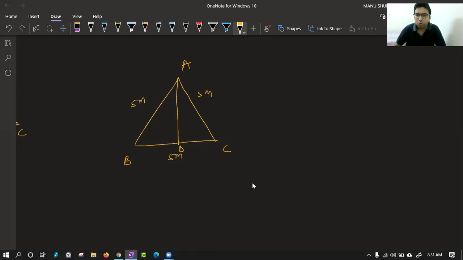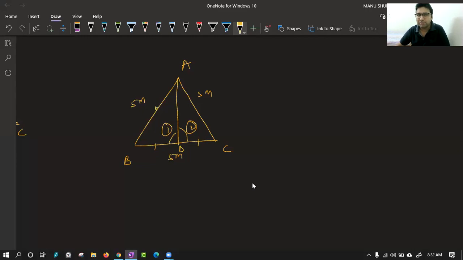Class, if it is an equilateral triangle, can you prove these angles are 90 degree? Given to us is AD is a median. I want to prove that AD is median as well as altitude. I want to prove in an equilateral triangle, the median is same as altitude. You can prove this thing very easily.